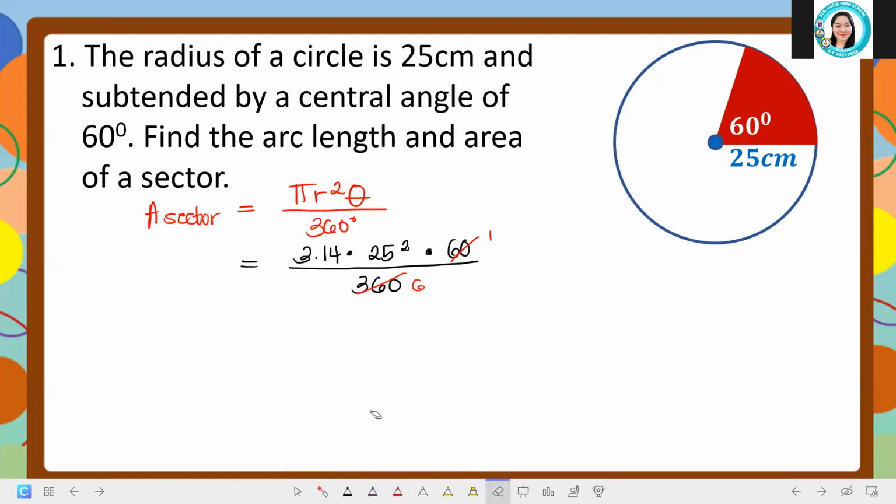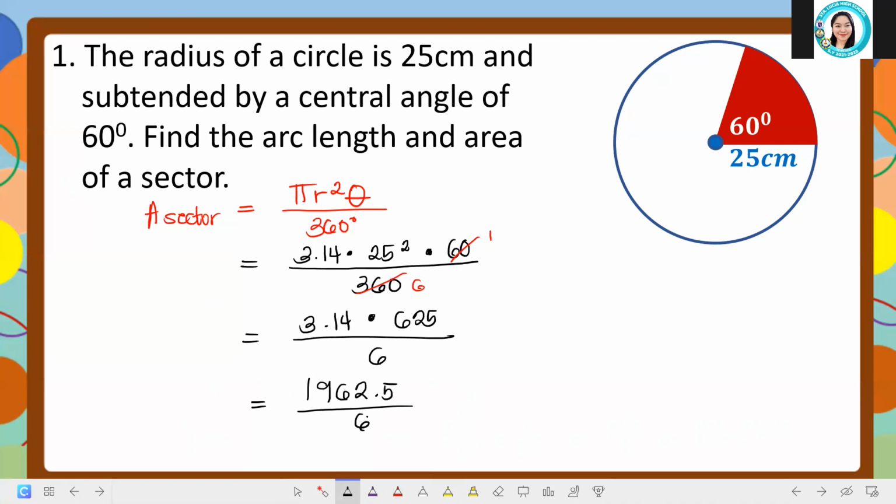Then 25 squared is 625. We have 3.14 times 625 divided by 6. All we need to do is to multiply 3.14 times 625. That gives us 1,962.5.